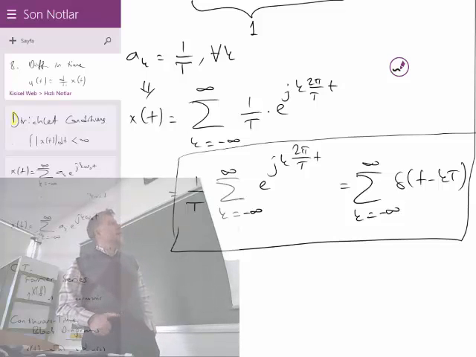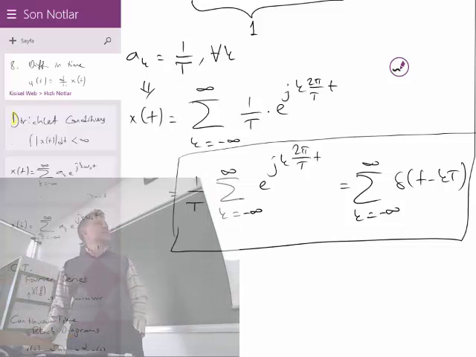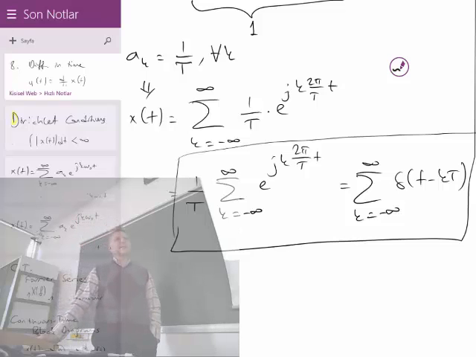How come a sum of complex exponentials is equal to a sum of impulses? Sum of complex exponentials are smooth sinusoids, and by adding up those smooth sinusoids, I come up with infinitely many impulses. An impulse train, as the name implies.